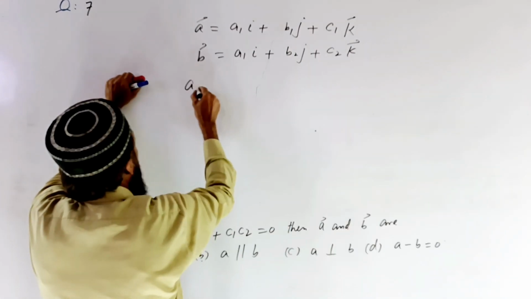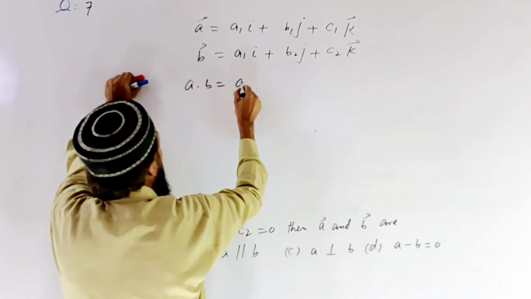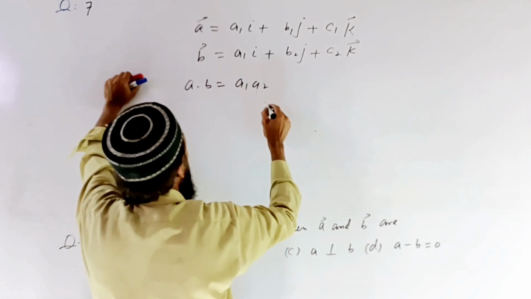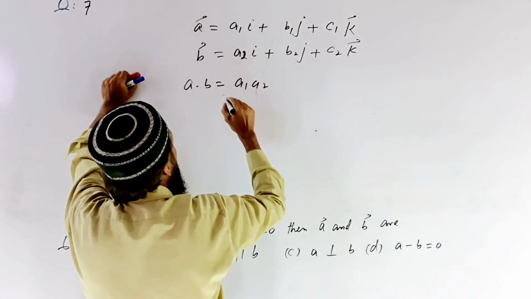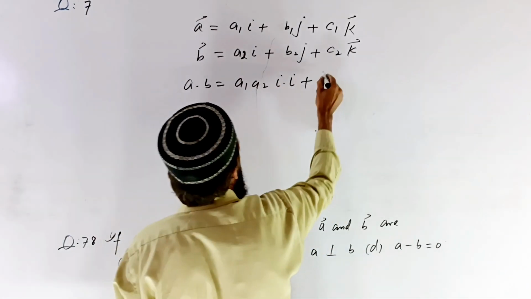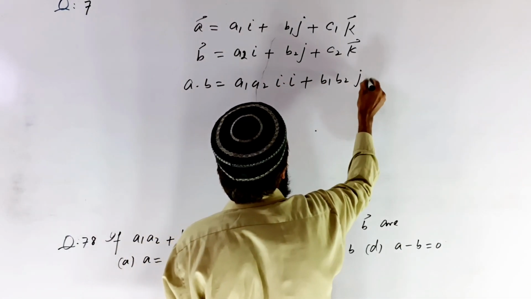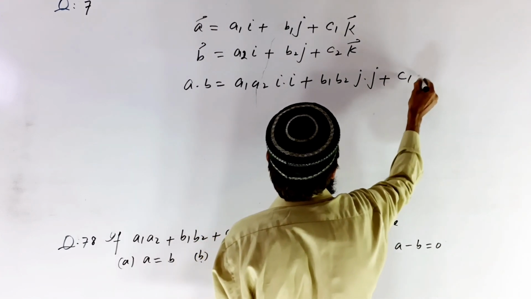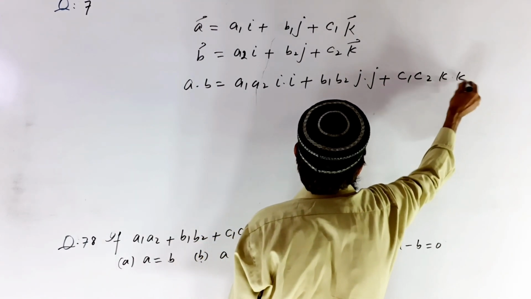If we are finding the dot product, then A1, A2 here, I dot I, and B1, B2, J dot J, and plus C1, C2, K dot K.